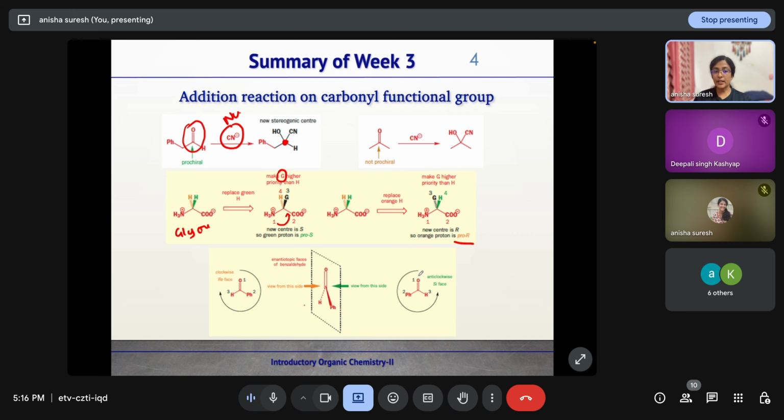So if we number, oxygen will get higher priority, then comes phenyl, and then hydrogen. If we see the direction of the arrow, it is going in anti-clockwise direction, and so this face, when we are viewing from the green arrow side, is known as Si face. So this is how we will distinguish between the Re face and the Si face.